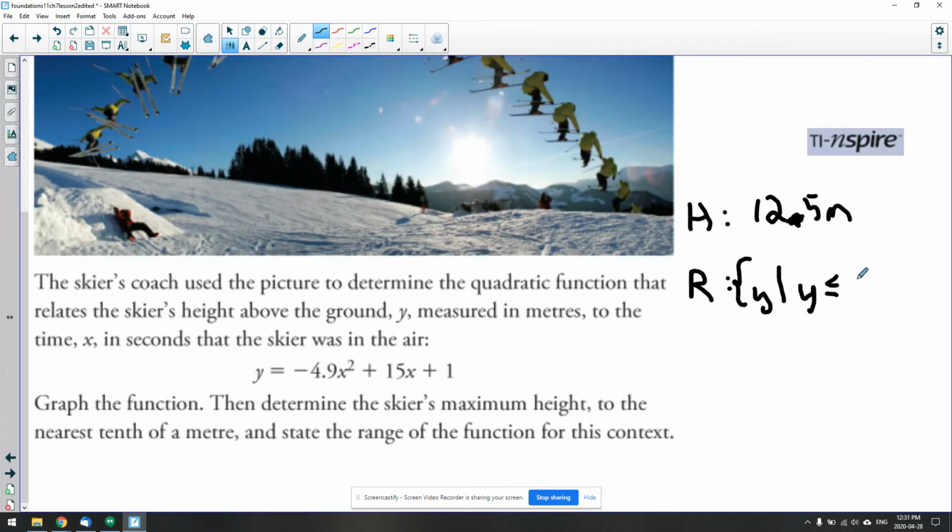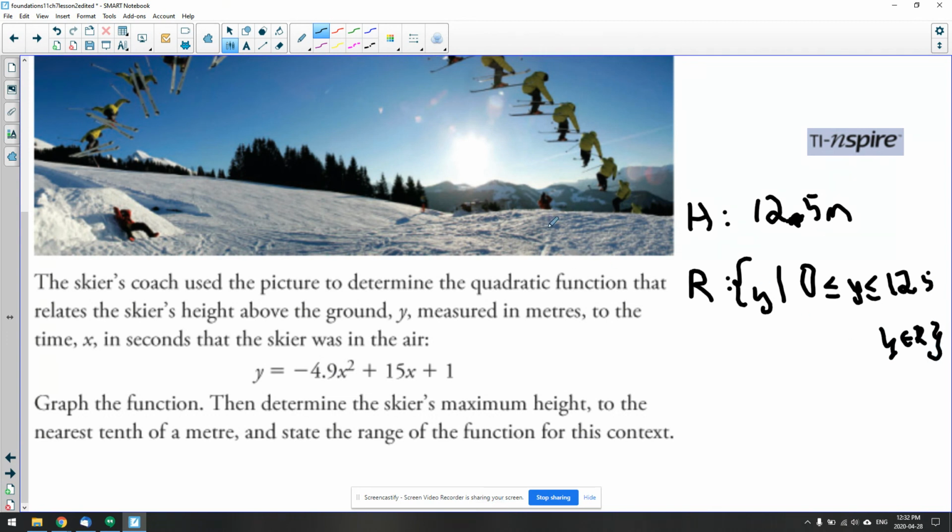So 0 is less than or equal to y, which is less than or equal to 12.5. y is an element of the reals.